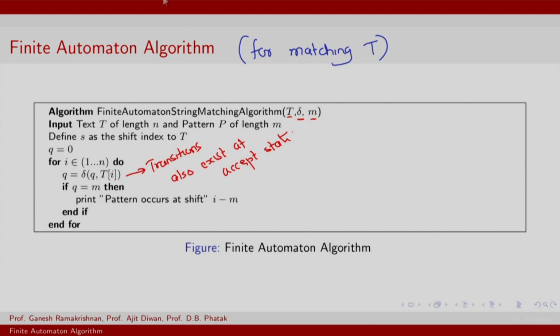As far as complexity is concerned, this finite state automaton algorithm was simply a linear scan, just scanning every position in T once. So as you note, this has been a simple linear scan, and therefore the order of complexity is just order n.